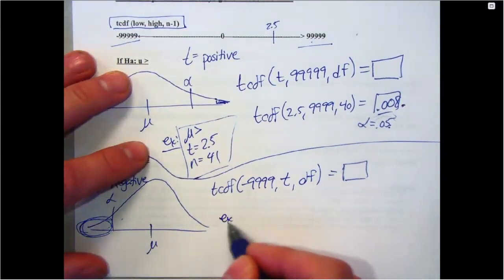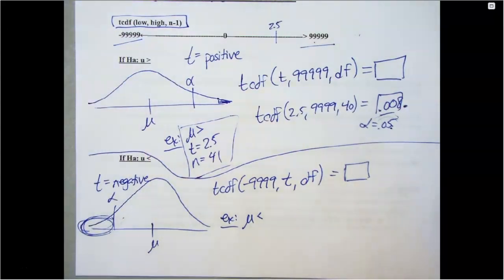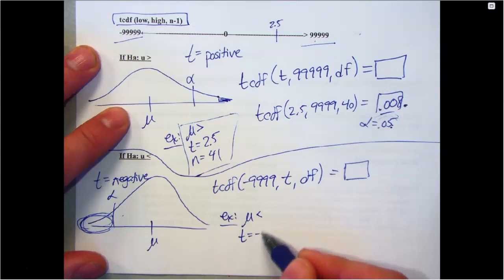So let's say mu is less than. So we're looking for the lower end, the lower tail. Let's say t is negative 1.5 and n is 50.